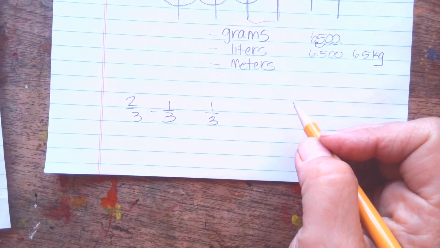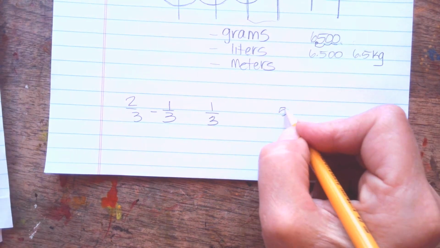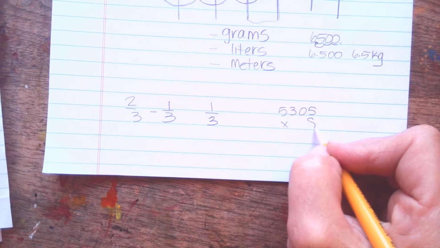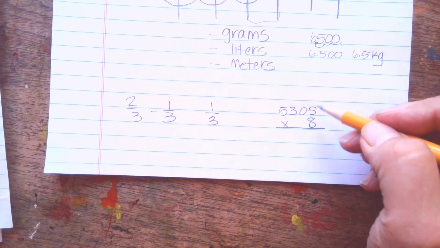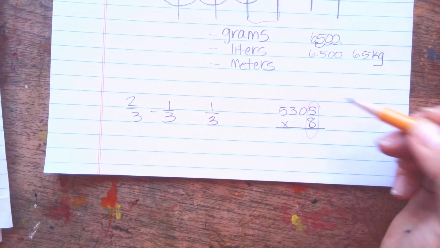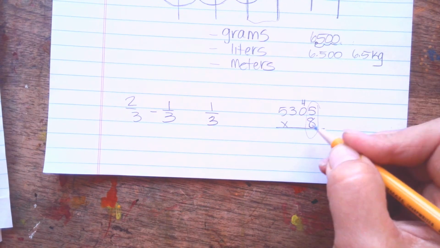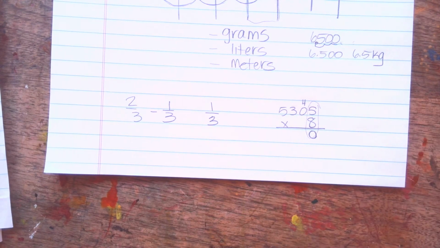Number 3, did you already do number 3? No. Okay. So it doesn't say to do the matrix way. So I'm going to show you this way. So the first step is we do this right here. 5 times 8 is what? 40. So we put the 4 up here and we put the 0 here.